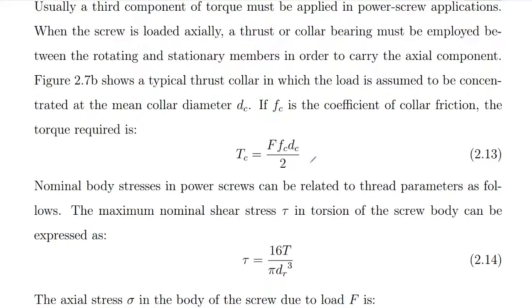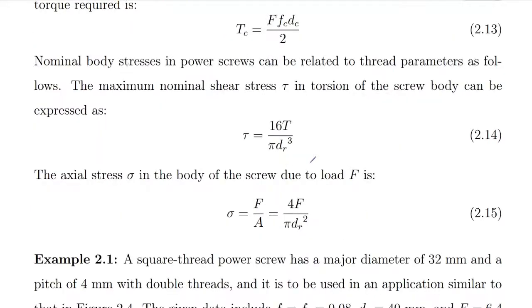As the screw is being turned, it will be subjected to some twisting. Okay, so it will be in torsion, and to determine that torsional stress in the screw, we need to use this expression over here. So we have dr, as we know already, which is the root diameter for the screw, which we have looked at when we were looking at the terms in screws. We have looked at the root diameter of the screw. Okay, that is the solid part of the screw.